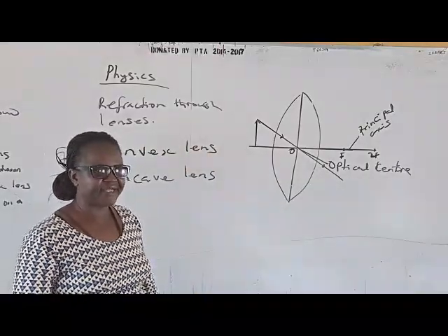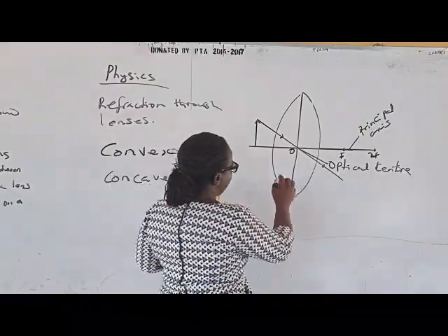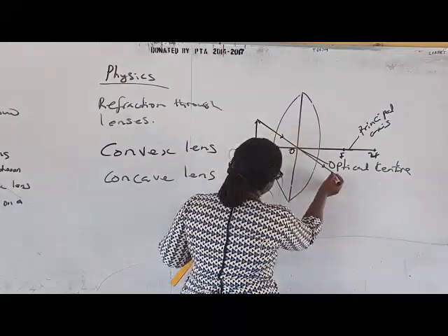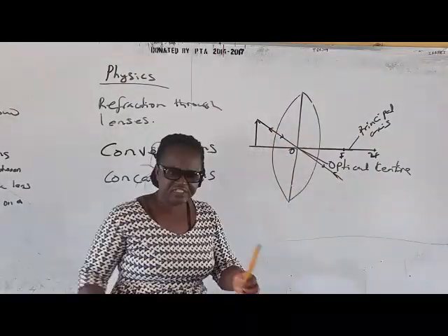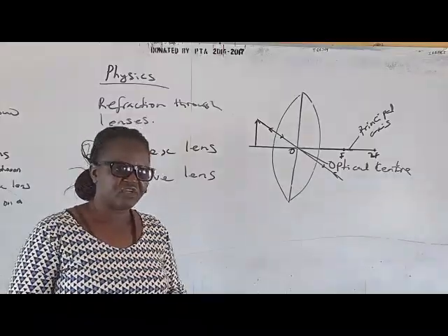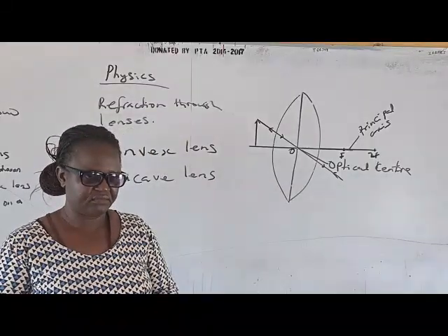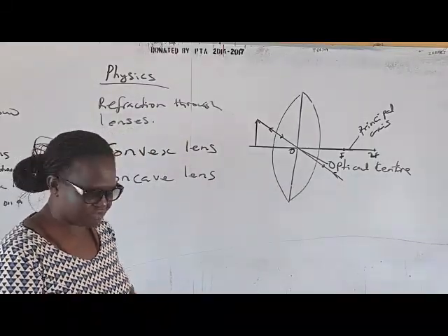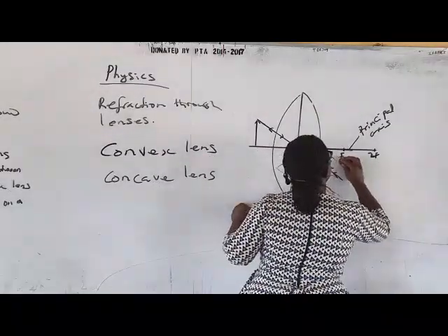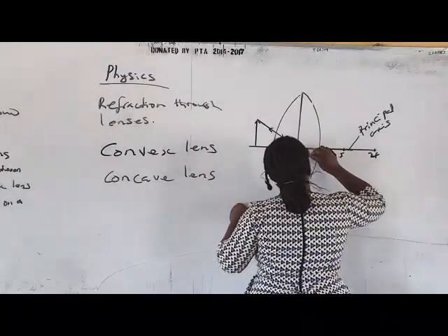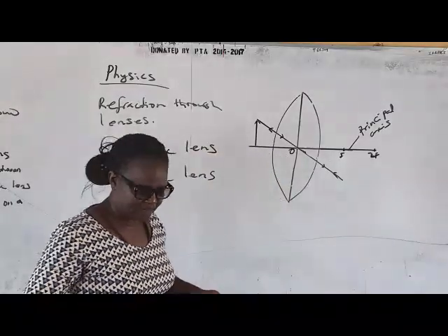Those arrows show the direction of travel of the rays. Once it passes through the optical center, it is going to go through undeviated. Undeviated means what? It's not changing its direction. So it goes undeviated through the lens, comes out.